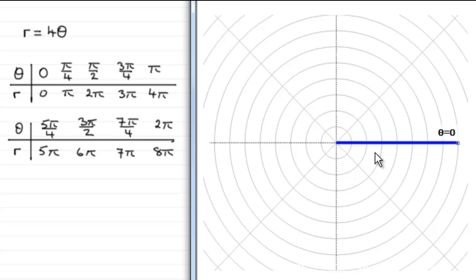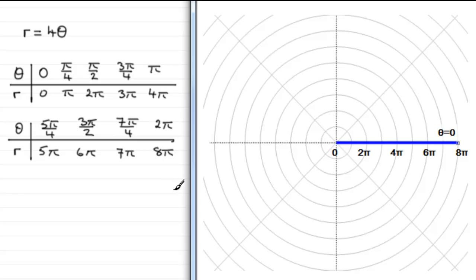Now these concentric circles give us a scale that we can use for r, and in this particular question we've got r going from 0 to 8 pi. So what I would suggest is that we take this outer ring here as representing 8 pi. And that would mean that each one of these intervals would represent pi units. We'll put the scale on.